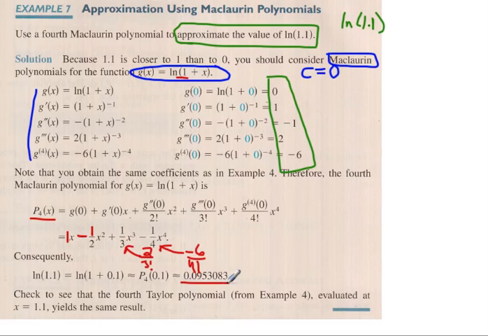Let me compare with the graphing calculator, because I bet it uses more than a fourth order polynomial. So if you plug that into your graphing calculator, the natural log of 1.01 is, from my calculator, I'll just give you a hint. 1.01 from my calculator, and I don't know what order it's using, but it's almost identical. And I bet that is just because this approximation is so good.